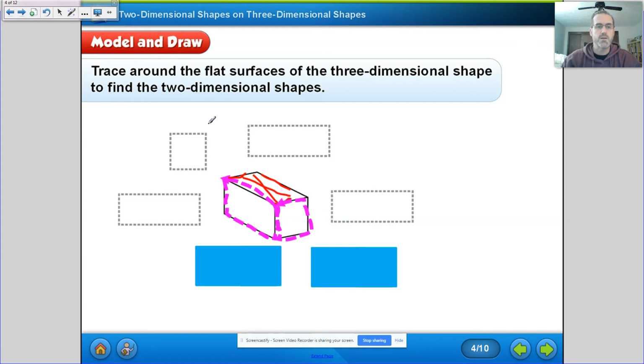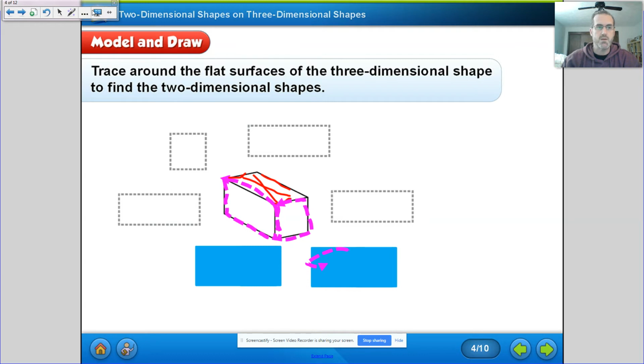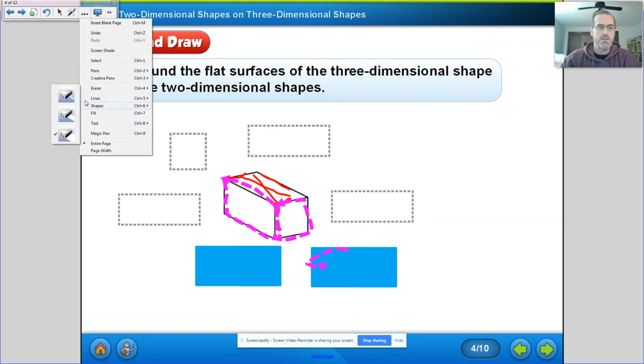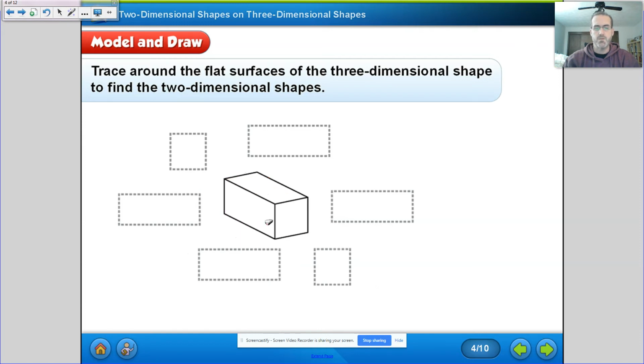And that square is going to show up here. And then on the bottom, we can't see that one either, is another rectangle. All right. So this three-dimensional shape, on its flat surfaces, has two squares, one on either end. And let's count them: 1, 2, 3, 4 rectangles.